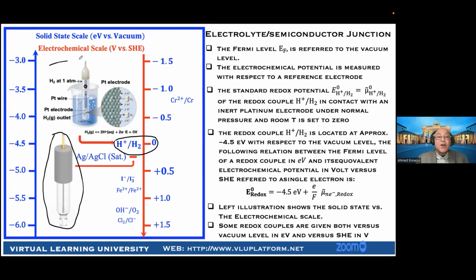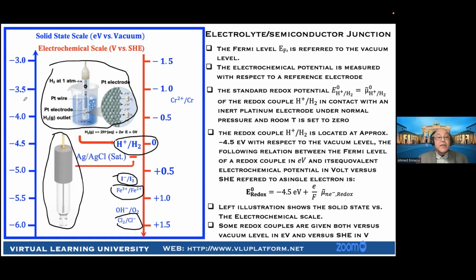So I put here also the schematic of hydrogen, but in practice, we use rather other electrodes like calomel or silver chloride saturated, as you see here. And then I put also some redox systems like iron 2+, iron 3+, iodine minus, iodine 2, chlorine here. So I tried to make it in the right position here.